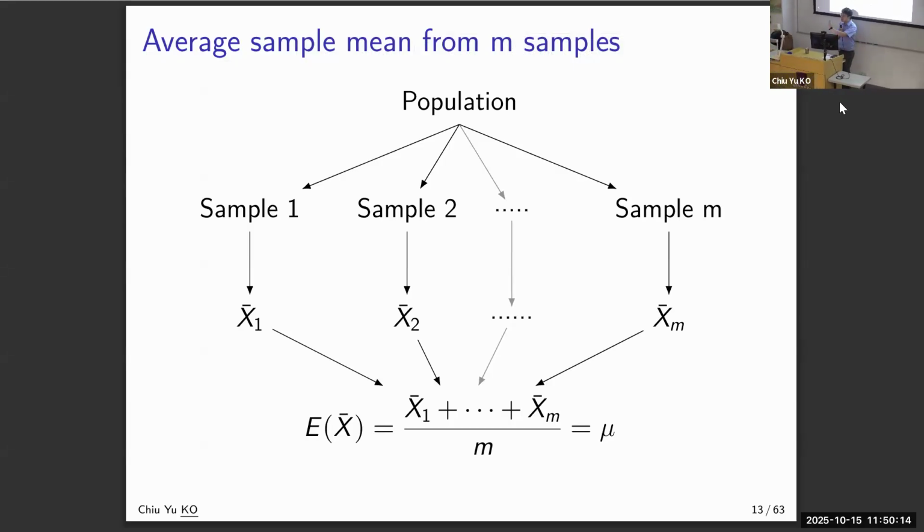Mean of the sample mean is population mean. It's right, because the sample mean depends on what you get. Many times you get many samples. One sample has a sample mean, the other sample has a sample mean, and the average of these sample means equals the population mean. I hope that is clear.